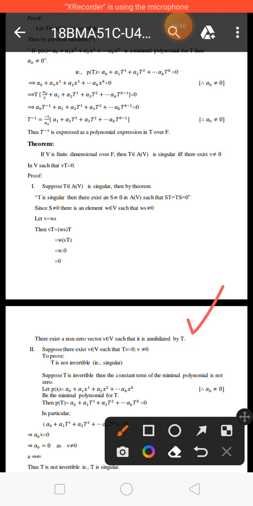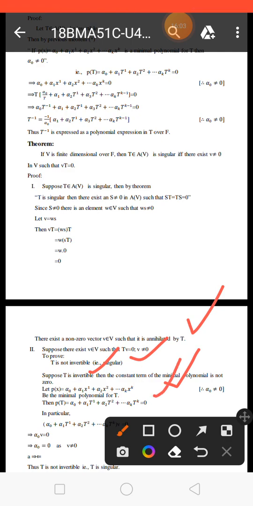Similarly, conversely, if vT = 0, we have to prove that T of A(V) is singular. So Tv = 0 or vT = 0, no problem. To prove T is not invertible, that is, T is singular, suppose T is invertible, then the constant term of the minimal polynomial is not 0.